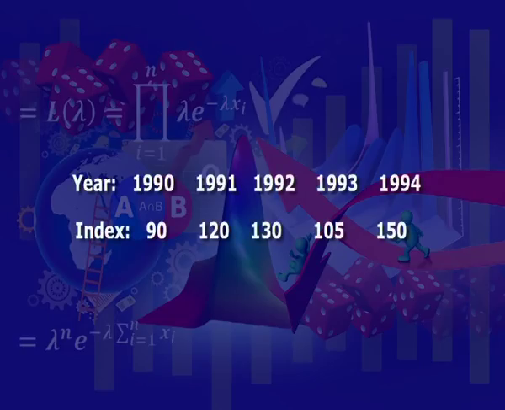Example: from the chain base index numbers given below, prepare fixed base index numbers. We are given the years from 1990 to 1994 and the corresponding indices 90, 120, 130, 105 and 150. Using the above formula, we obtain the fixed base index numbers as given in the following table.